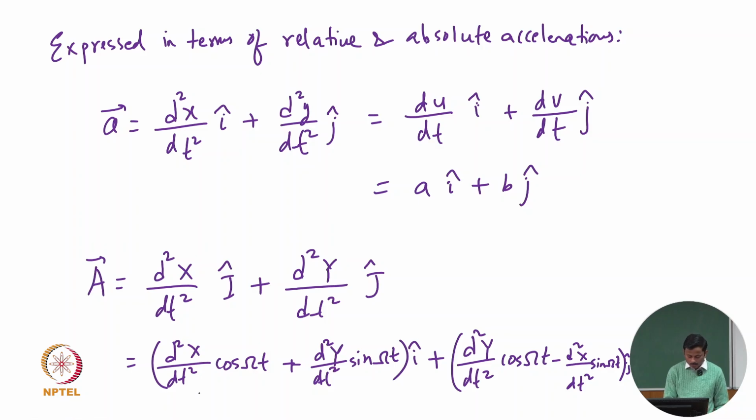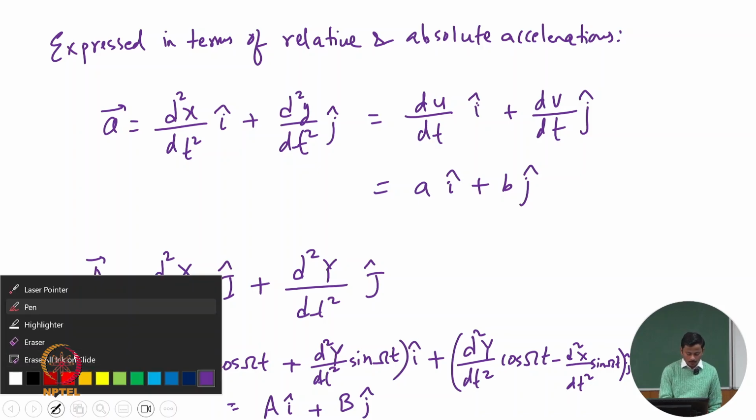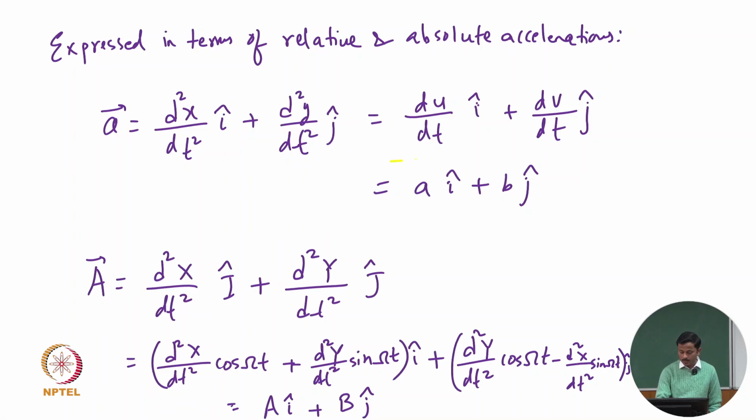Now let these be represented as capital A small i cap plus capital B small j cap. So similarly, how we have done it for the first case, the relative acceleration, and this is the absolute acceleration. This is how we have written it down. A and B are unknowns.